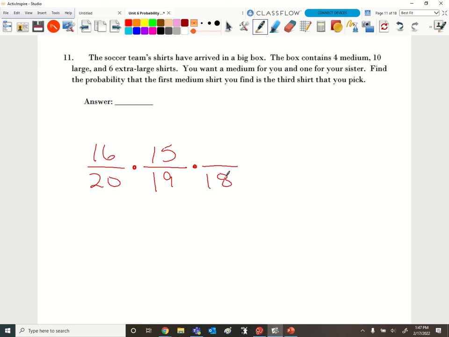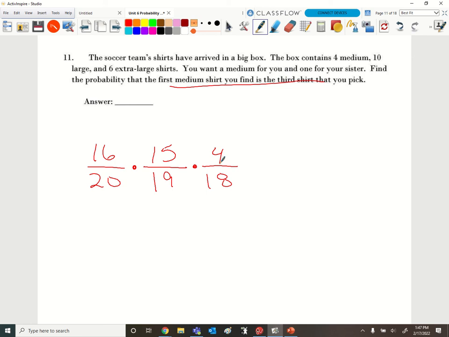But this time, my third shirt is a medium. My third shirt is a medium. So how many mediums are there now? There's still that 4 mediums, right? Because none of them that I picked were medium. So there's going to be 4 out of 18. Yep.